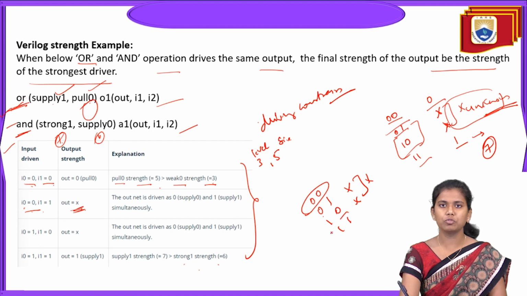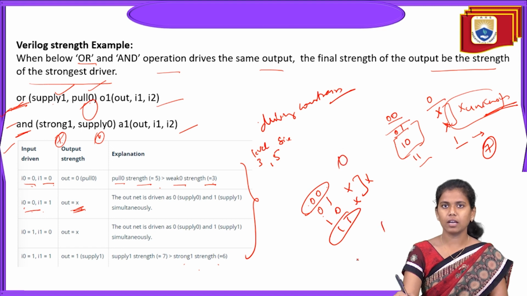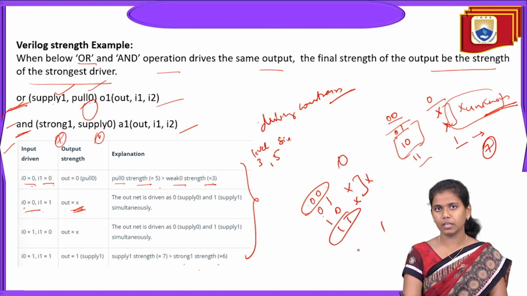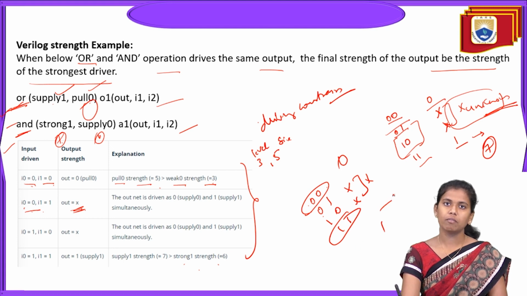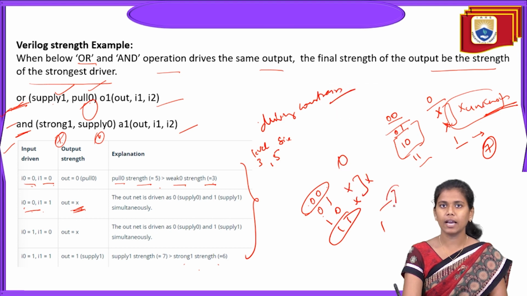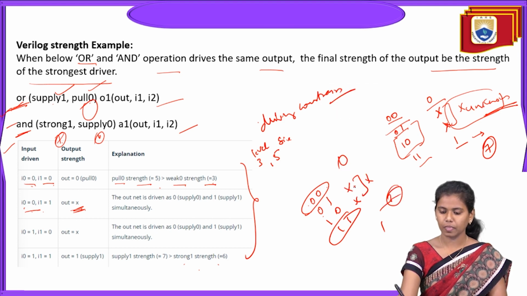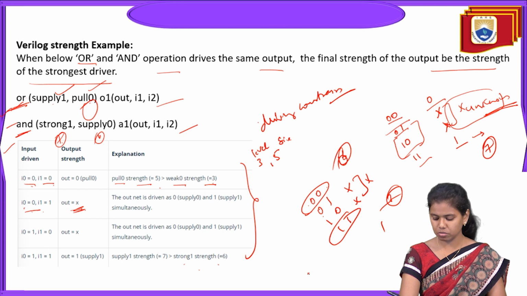When both inputs of the AND gate are 0, the output is 0, and when both inputs are 1 and 1, the output goes to 1. When it is 1, the signal strength level is high, 7. And here it goes with 6 or 3.